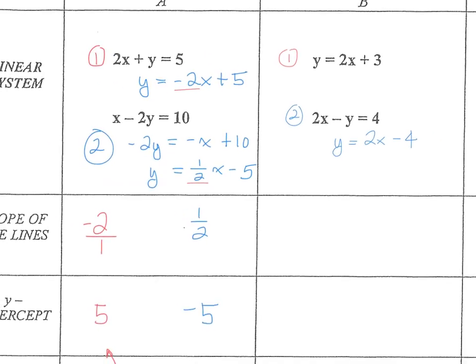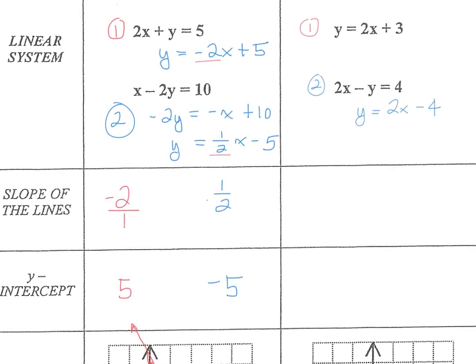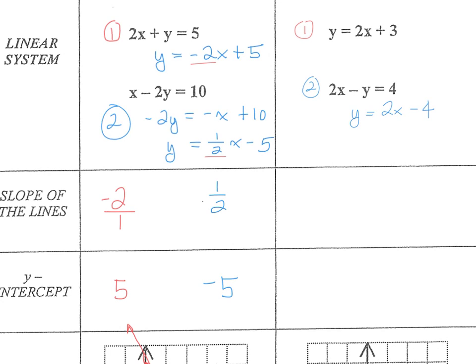Again, going to our table, we're looking at the slopes of the lines. For the red line, we're going to have 2, and we're going to have 2 for the blue line as well. Sorry, let me change the color on that one.